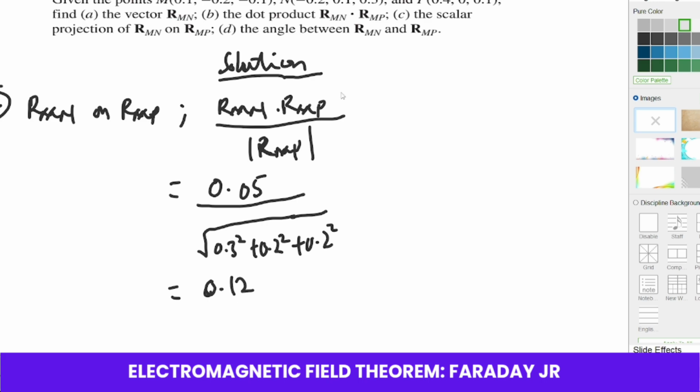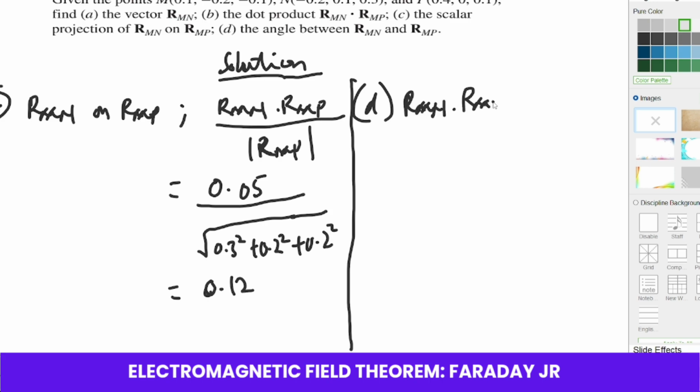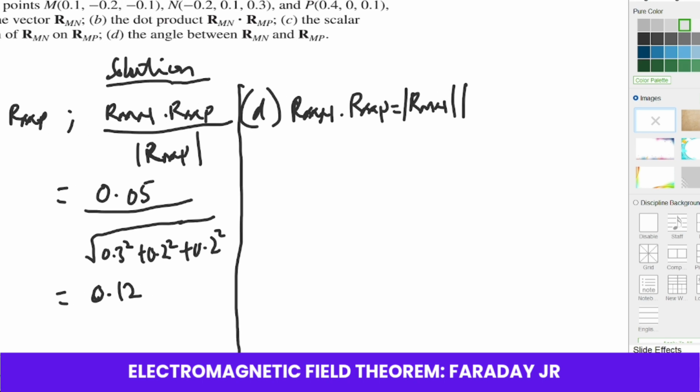Now we want to finish up with our D, the angle between our RMN and RMP. We can use our dot product, that is RMN dot RMP is equal to RMN magnitude multiplying RMP magnitude, times cos theta.